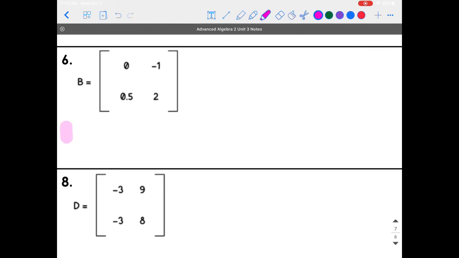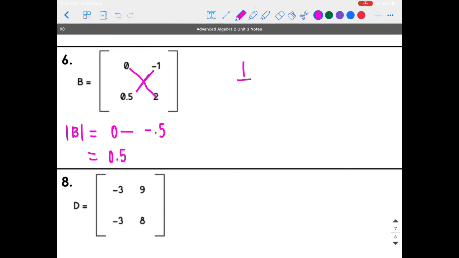All right, number 6. When we're finding the inverse, we always start by doing the determinant. 0 times 2 is 0 minus negative 0.5. Okay.